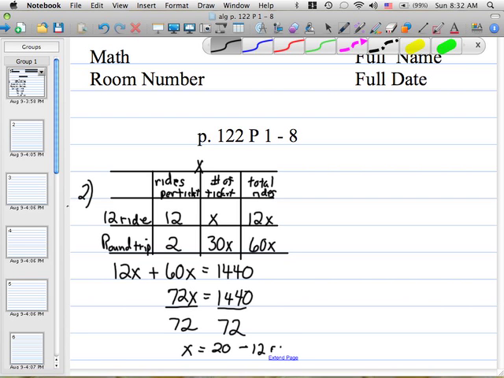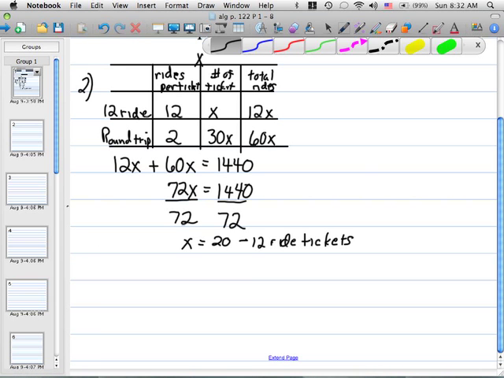That's the 12 ride. Now, these problems become difficult because you've got to go back and see exactly what they wanted. There are 20 12 ride tickets. However, they wanted the number of round trip commuter rail tickets.